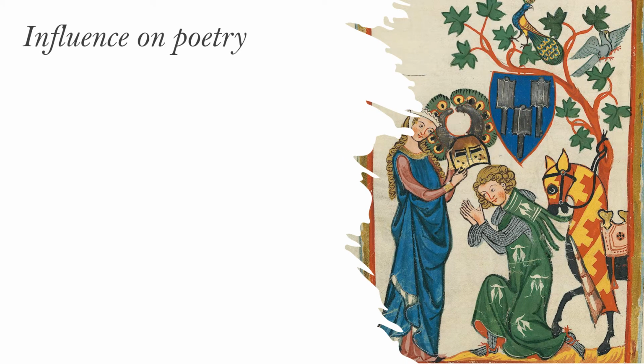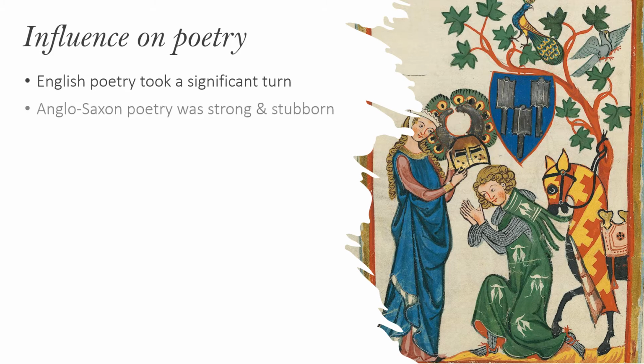Influence on poetry. So what are the influences of the Norman conquest of England and also the intermingling of English and French? Let us see. English poetry took a significant turn after the Norman conquest of England. Anglo-Saxon poetry, that is, Old English poetry, was strong and stubborn.